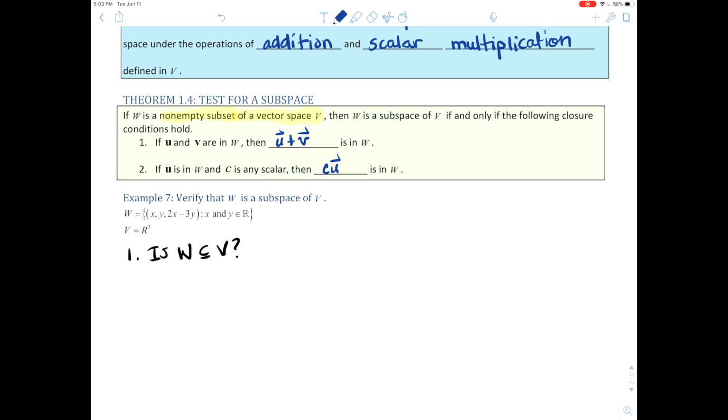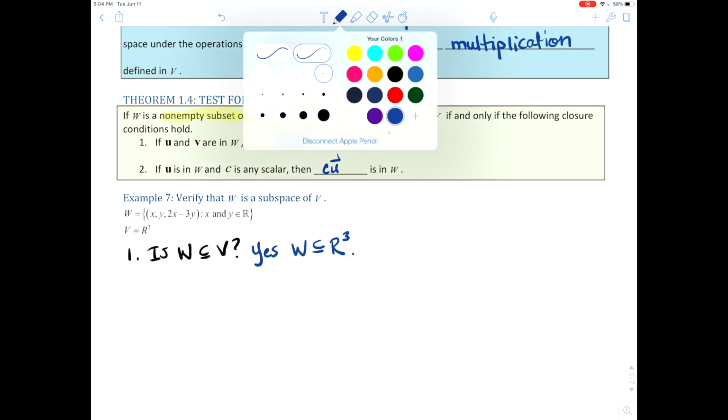V is all of R3, and W is the set of vectors where X and Y can be any 2 real numbers, right? The first 2 components can be any 2 real numbers, and the last component is double the first component minus triple the second component. So yes, that is part of R3. So yes, W is a subset of R3. So 1 down, 3 to go.